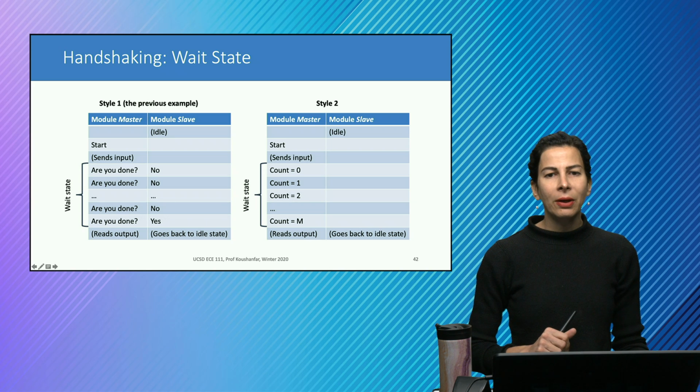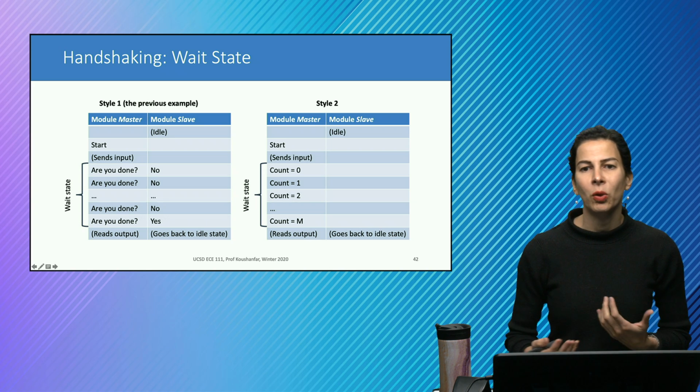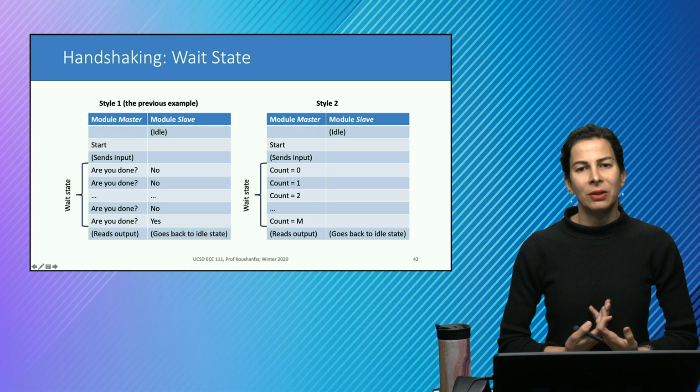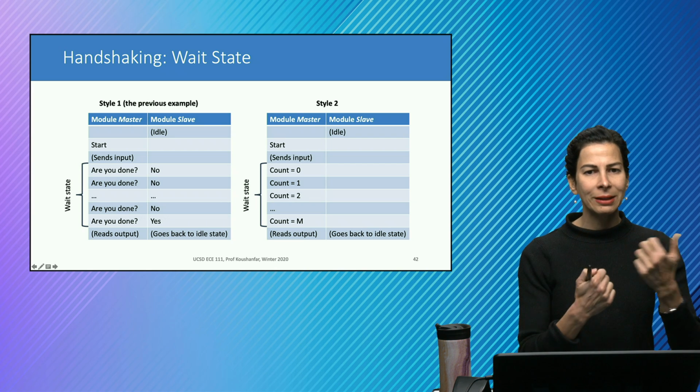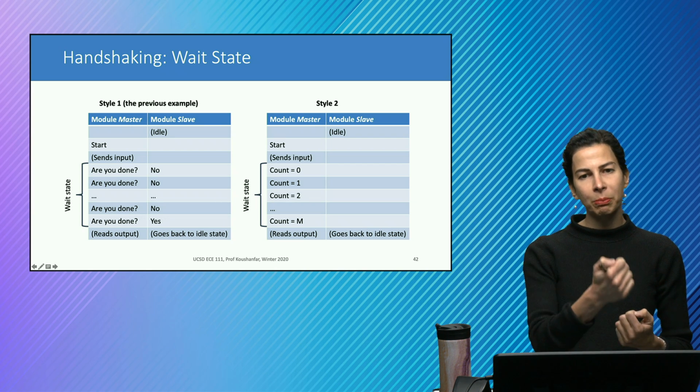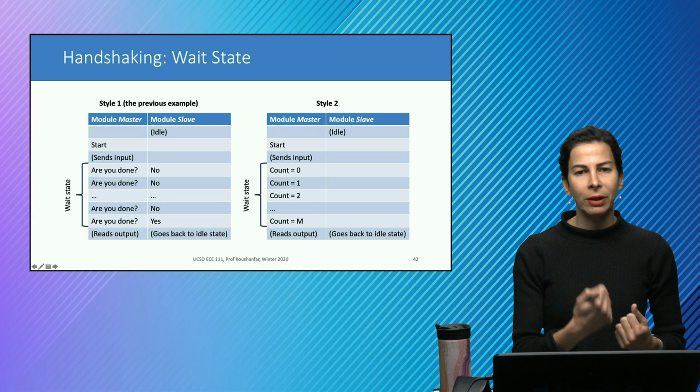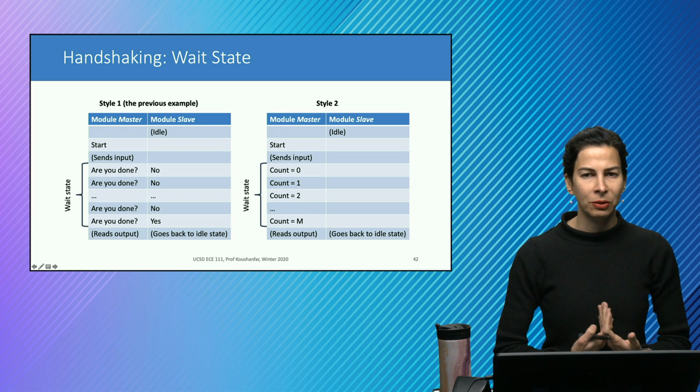Now, there is more than one style for handshaking. There's the style we just saw, where we had this wait state, which you keep probing every clock, saying, are you done? Are you done?